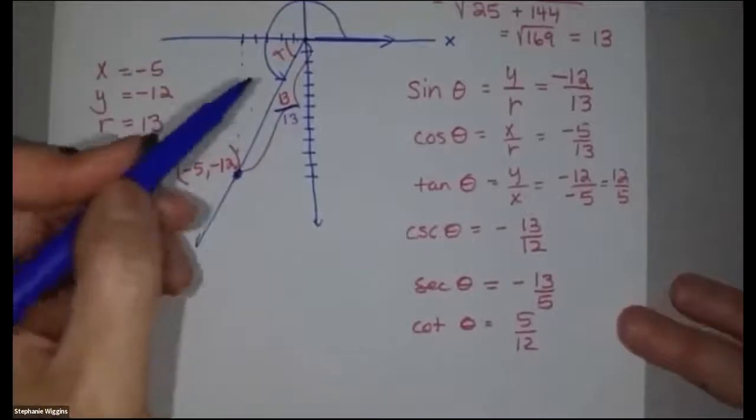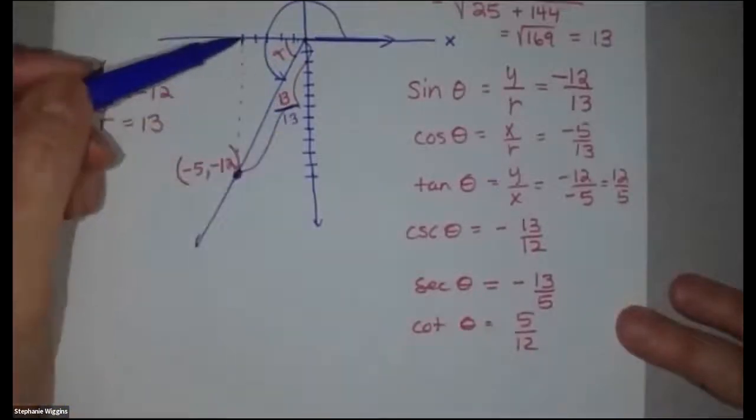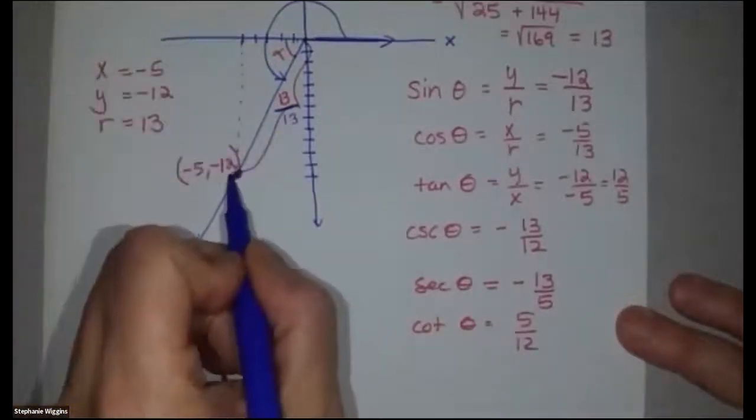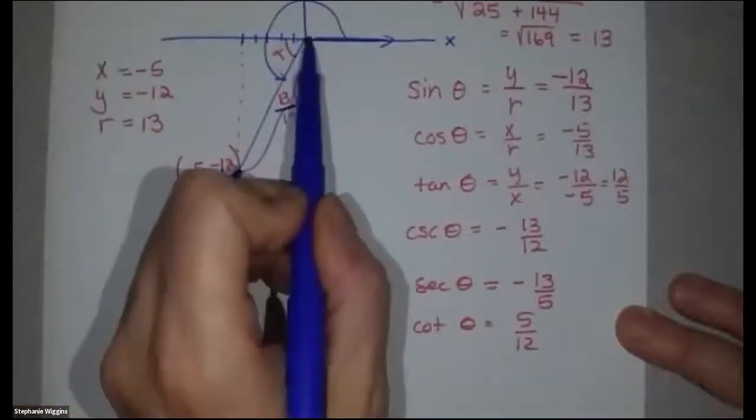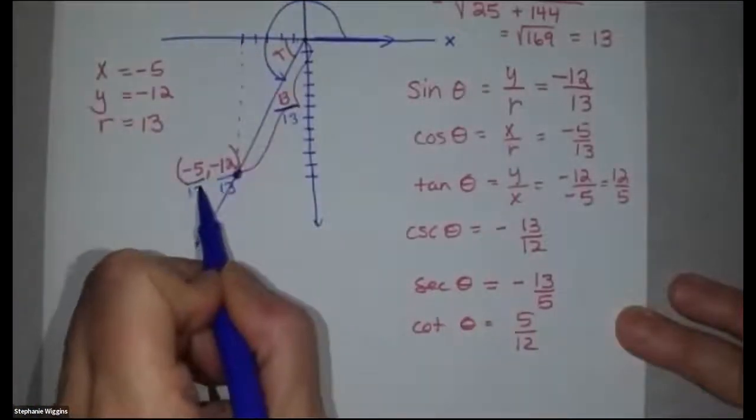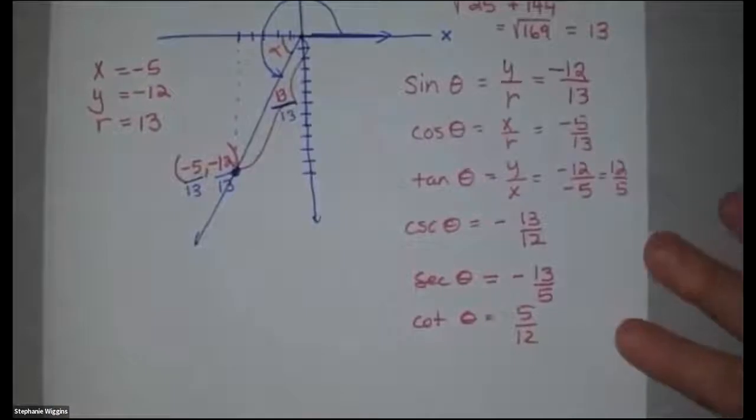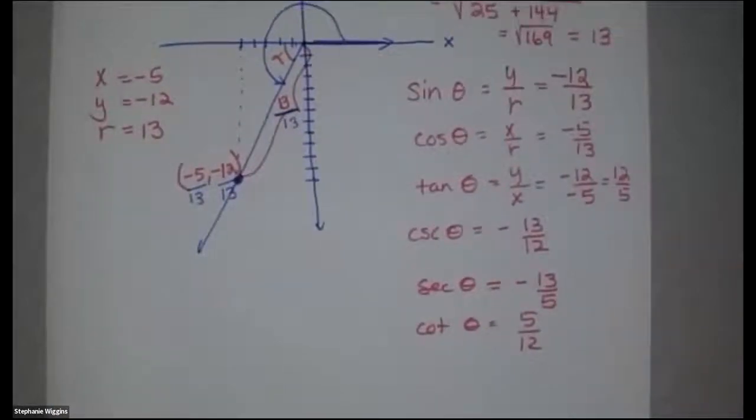But if I divide this by 13, then I have to divide this length by 13. And I have to divide this length also by 13. So as long as you divide each side of your triangle by the same value, you're going to get the same values for all of your trig functions. They're going to be the same, okay? So let me just show you how that works out.